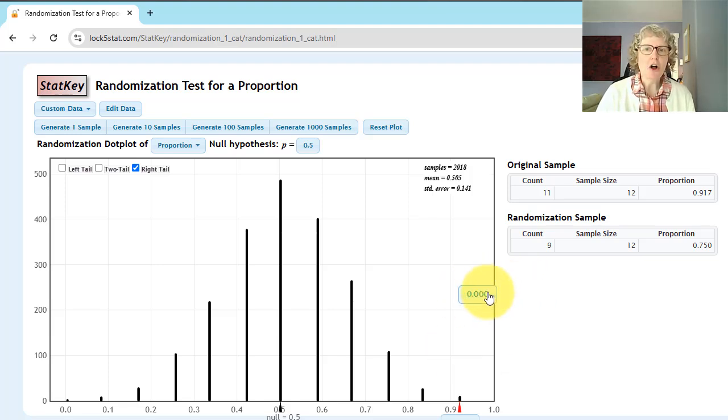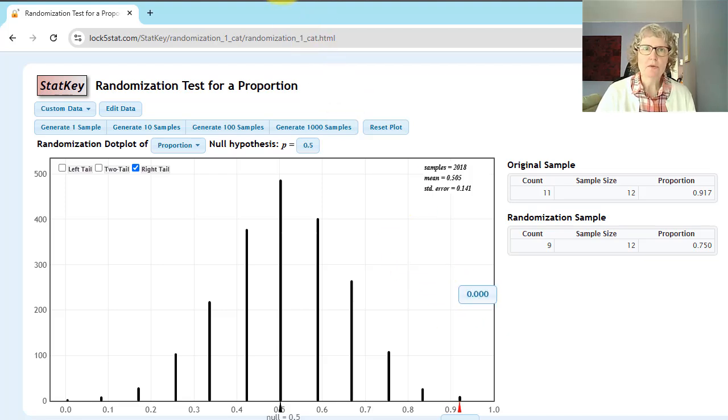So remember, a small p-value is significant. This is our p-value. It's the chance of getting what we observed, or more towards the tail, because anything away from the null is also evidence against the null. So you can see the null in the middle here. Okay, so our p-value is 0, so that is very unlikely.